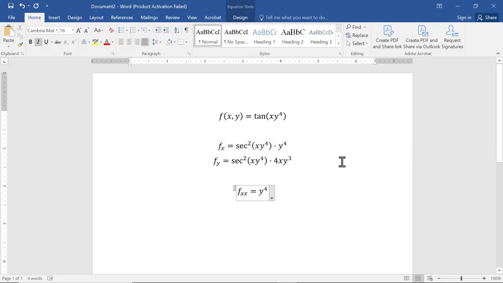So it's a lot of chain rules, but basically I take 2 times secant of x, y to the fourth. So the exponent of 2 has to come out front. I lower the exponent by 1. And then I multiply. So this is all raised to the first power.